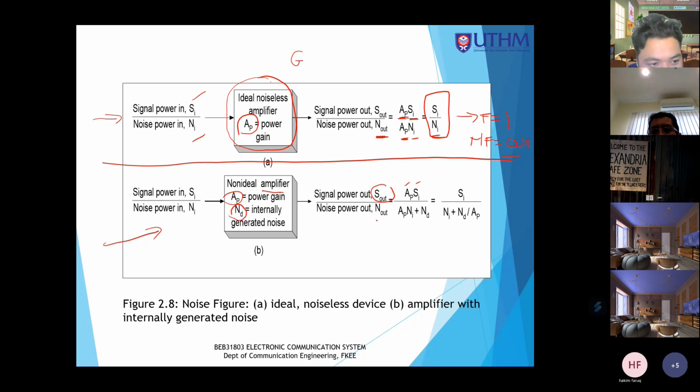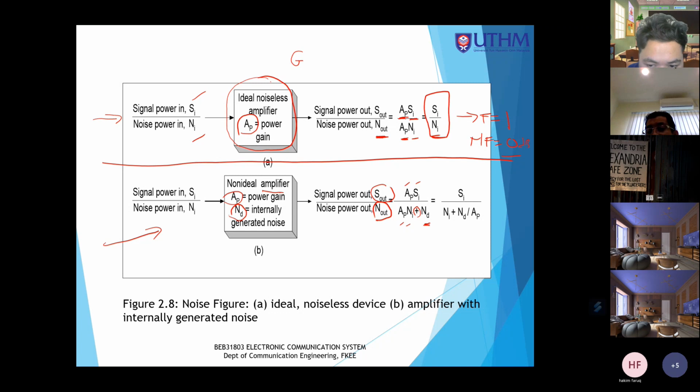And then for the noise power is equal to A, gain multiplied with input noise power, plus, okay, plus with internally generated noise, ND. Okay, nah ini cara kira dia lah. Dia tak darabkan dengan A yang ni. So this is the internally generated noise by the amplifier.